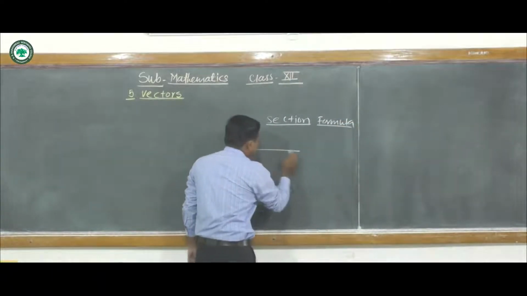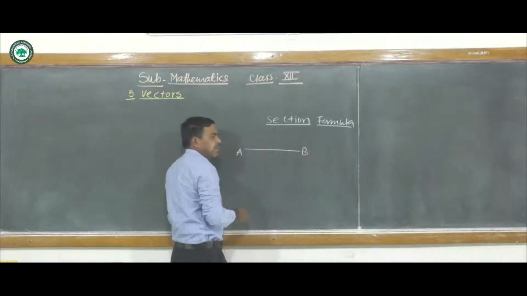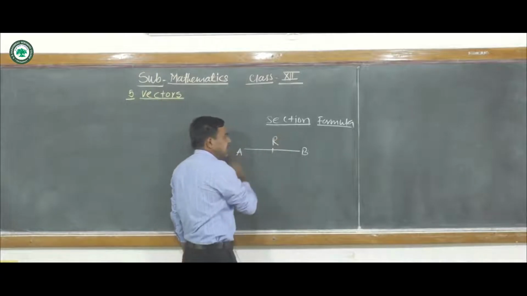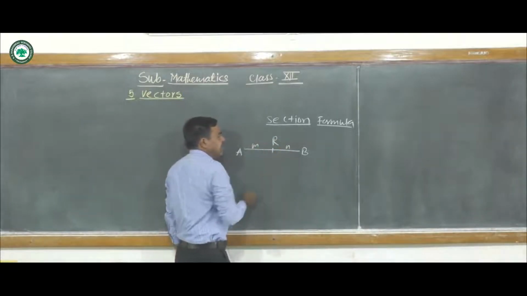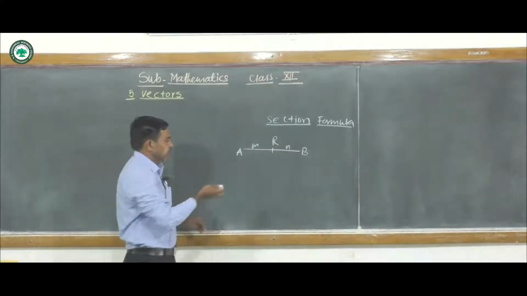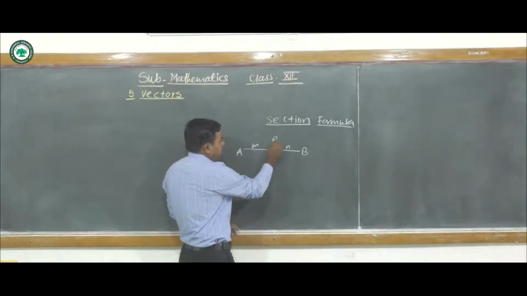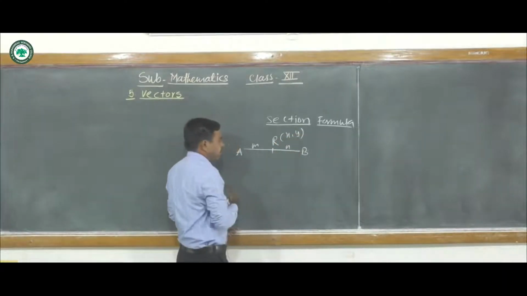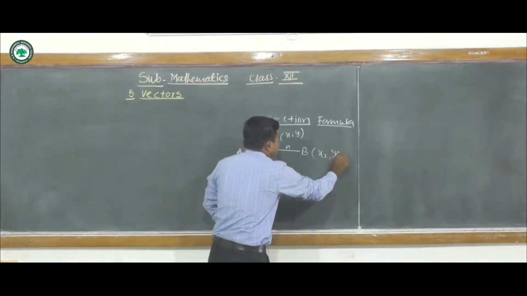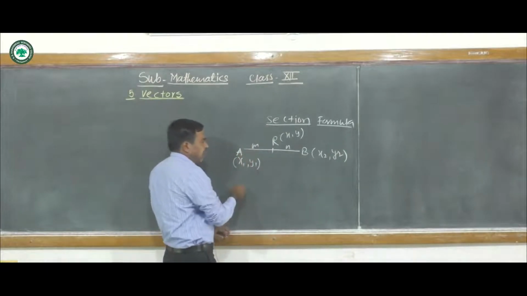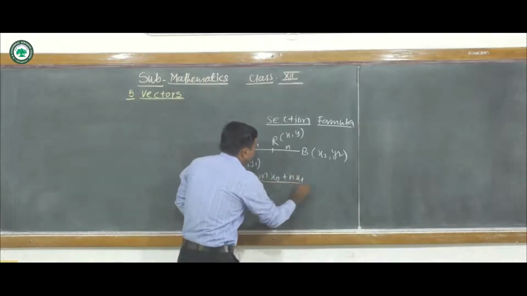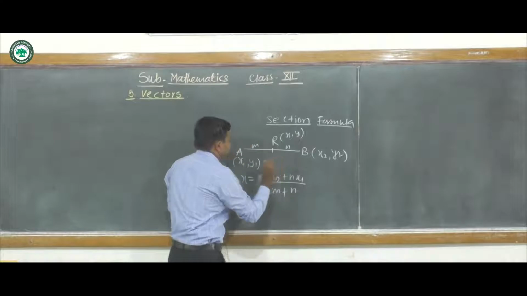See, if we have a segment AB, and if this segment AB is divided internally at the point R in the ratio m/n, then by the section formula, if that point R has coordinates x, y, point A has coordinates x1, y1, and point B has coordinates x2, y2, then we have small x is equal to mx2 plus nx1 divided by m plus n.